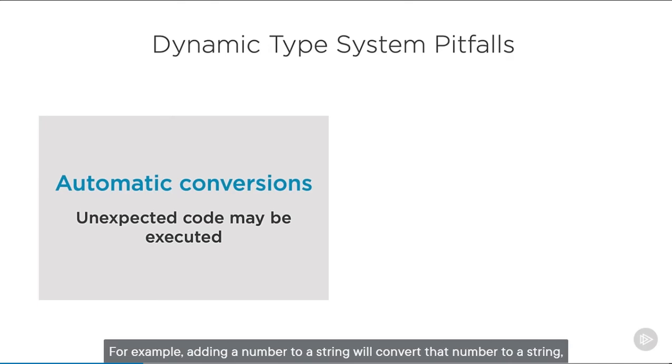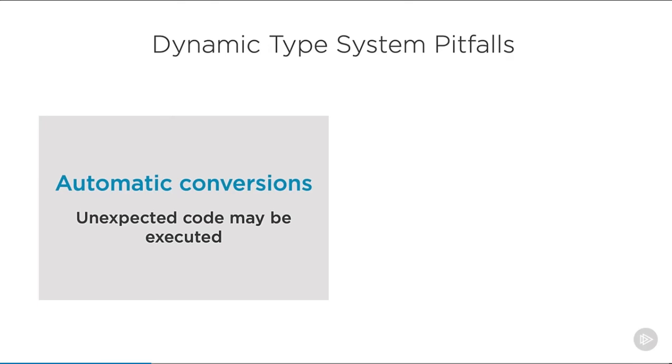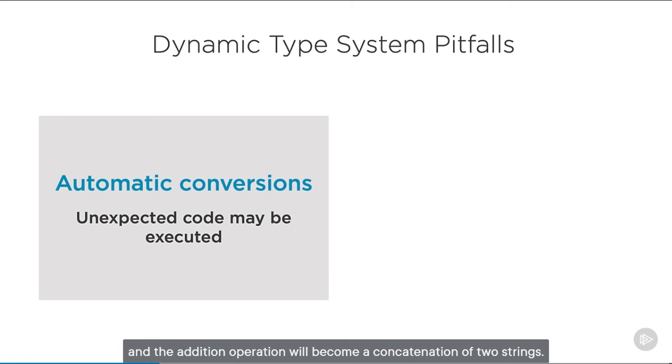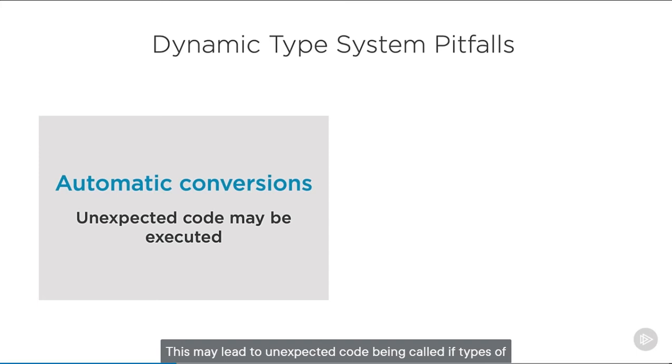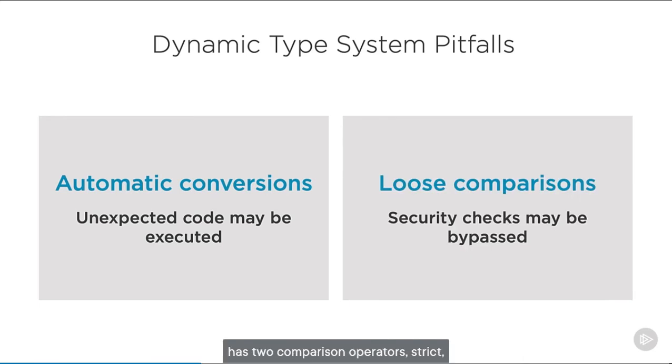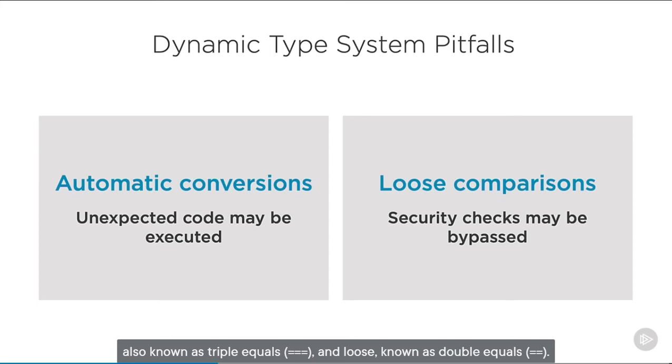For example, adding a number to a string will convert that number to a string, and the addition operation will become a concatenation of two strings. This may lead to unexpected code being called if types of variables are not properly tracked and controlled. JavaScript has two comparison operators: strict, also known as triple equals, and loose, known as double equals.